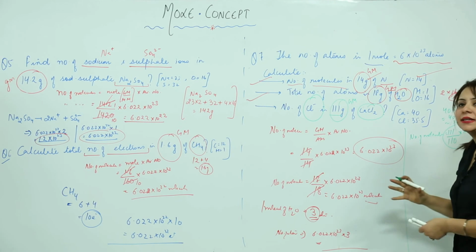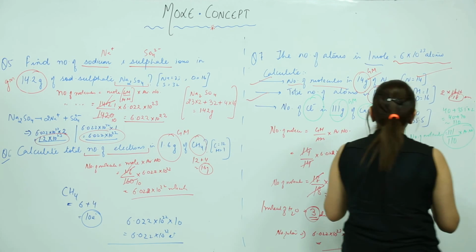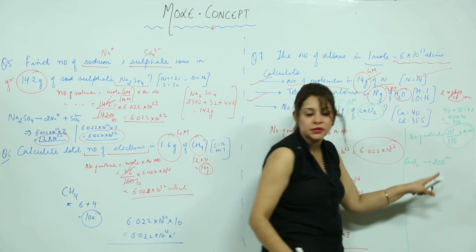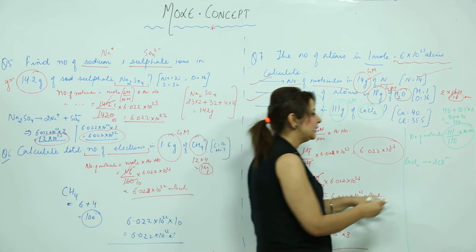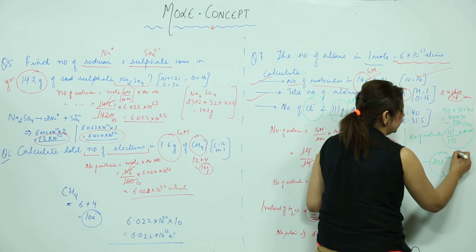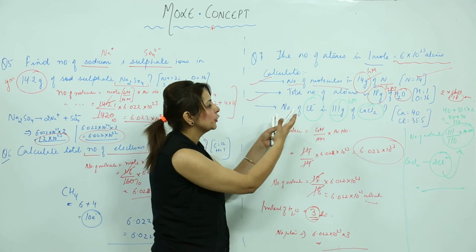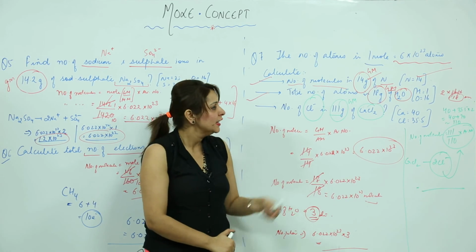When you find this number of molecules, then just see, when CaCl2 dissociates, how many chloride ions does it give? It gives 2. So multiply this 2 with this figure and you will get the total number of chloride ions present in these 111 grams of CaCl2.